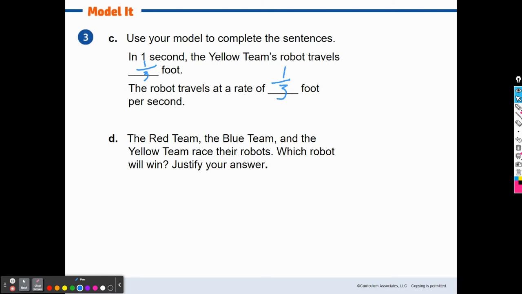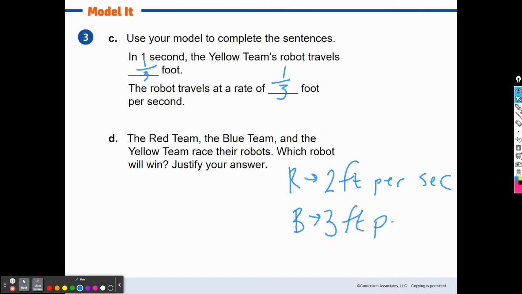Well, we have rates for each of those, right? What was our rate for the red team? See if I remember. 2 feet per second, right? What about the blue team? I don't know if I remember that one. What was the blue team's rate? I think it was 3 feet per second.